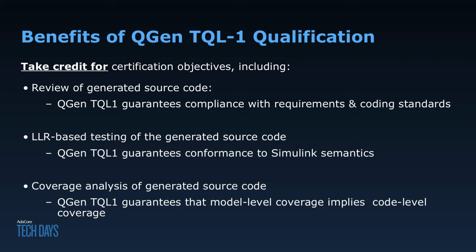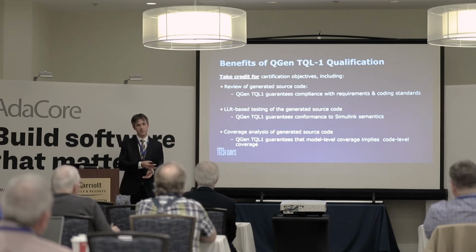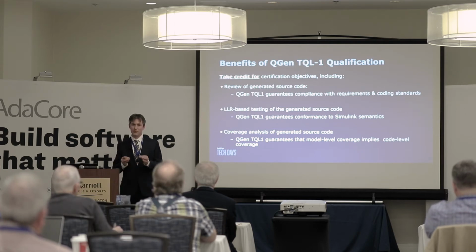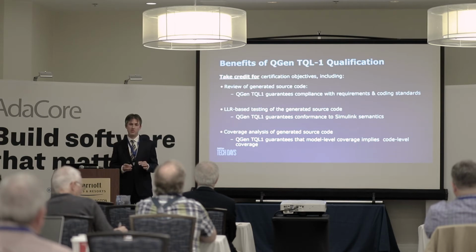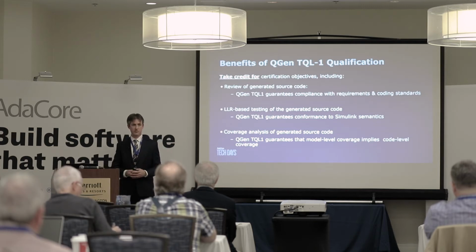You don't have to do LLR-based testing of the generated source code because we have already shown through TQL1 that the source code we generate conforms to the semantics of the Simulink model. And you don't have to do specific coverage analysis of the source code because in qualifying QGen, we show that when you have adequate coverage of your model, that coverage will also provide adequate coverage of your source code.